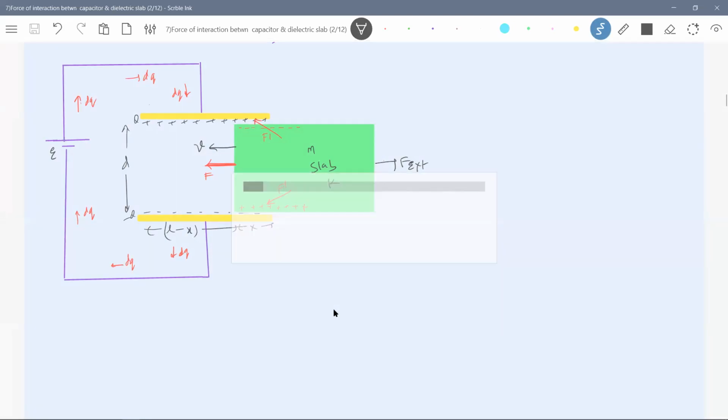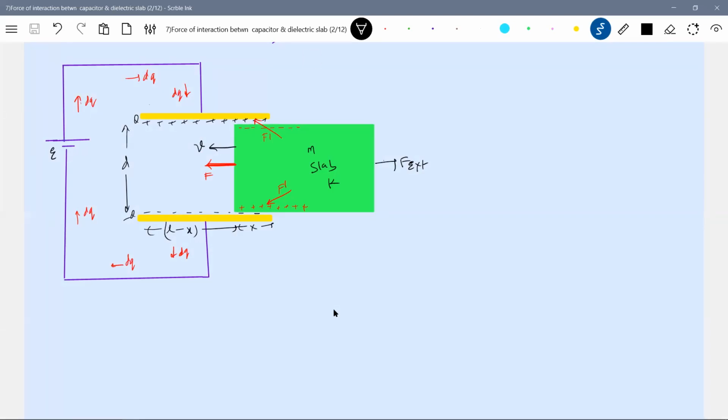I am asking a question. Let the slab move with a constant speed v between the plates of a capacitor.